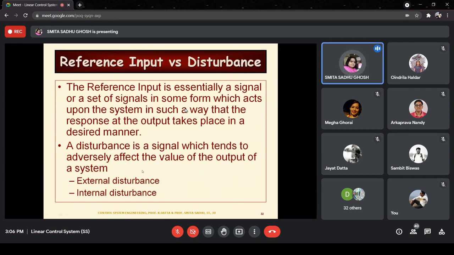Often you also find the term noise being used for an external disturbance. Noises are external disturbances which affect the system, whereas parametric changes taking place within the system are termed as internal disturbances.